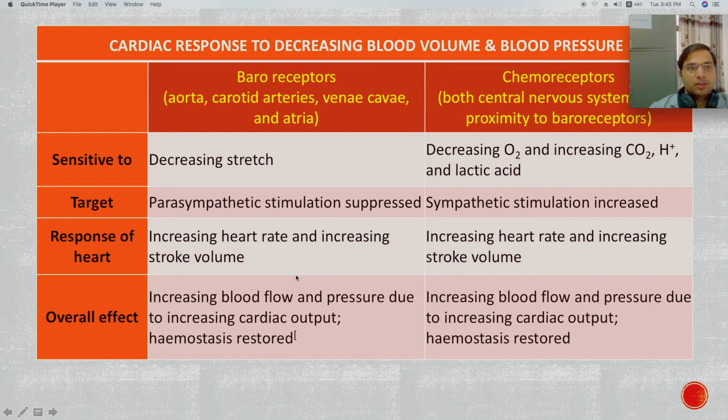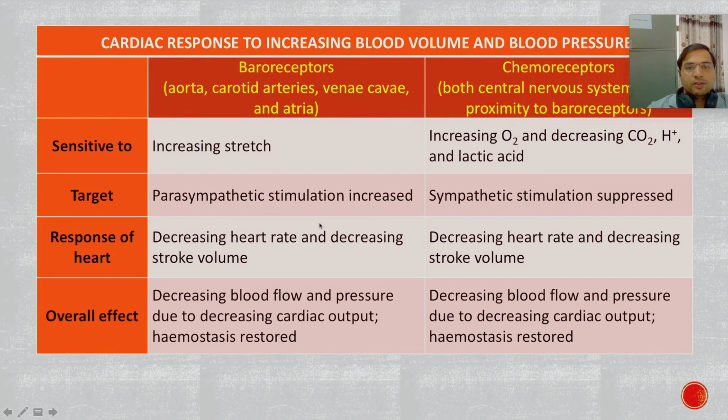Similarly, these receptors also respond to the increase in blood pressure. Whenever there is an increase in blood volume, these baroreceptors experience increasing stretch, and the chemoreceptors, whenever there is increasing oxygen or decreasing carbon dioxide or the H positive ions are decreased, it leads to the suppression of the sympathetic stimulation.